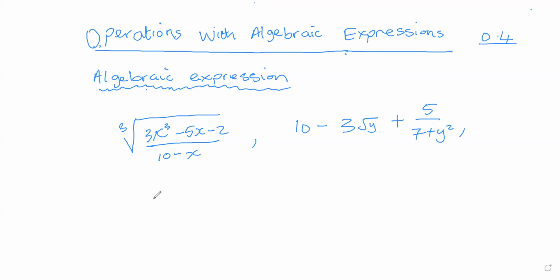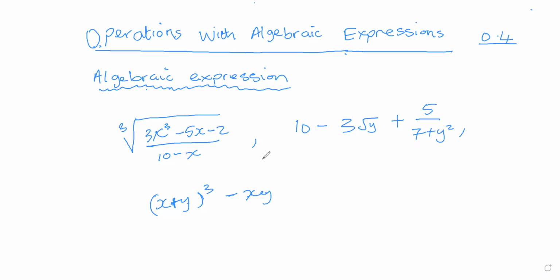While an expression like x plus y cubed minus xy is an example of an algebraic expression in the variables x and y. These are called algebraic expressions because these symbols, constants represented by symbols, have been combined using these algebraic operations: addition, exponentiation where it's raised to an exponent, subtraction, multiplication, division, and the extraction of roots, where we have the cube root.